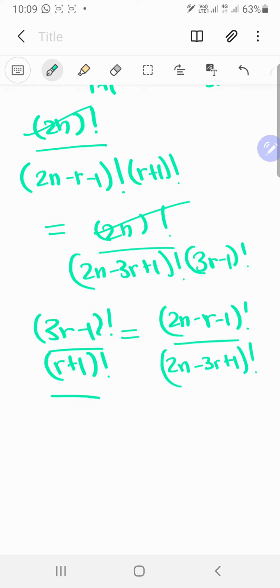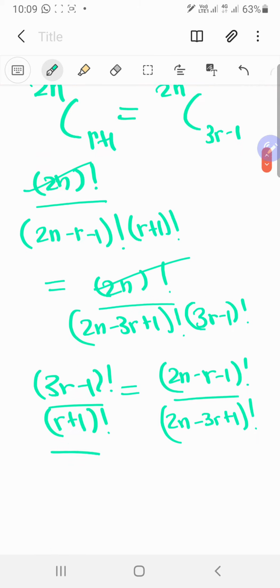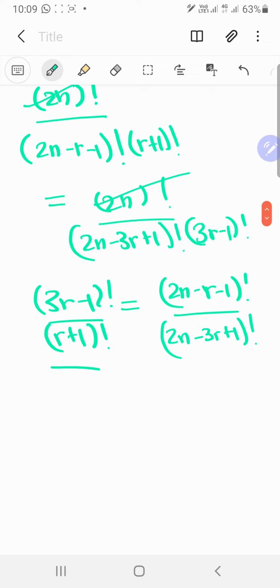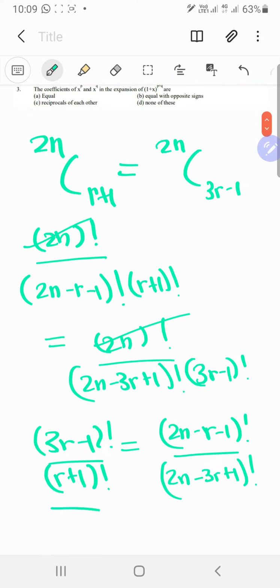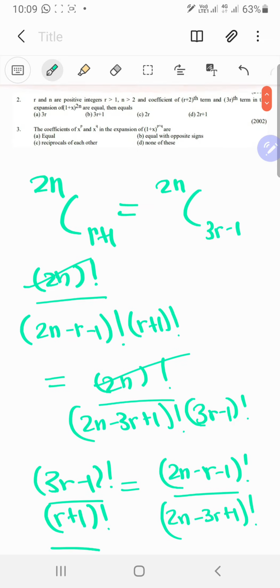So what that means is that there will be at most one solution, and in fact exactly one solution, because we have to find a solution, so there has to be at least one. So let's just go through the options and see if any of them trivially satisfies this equation.